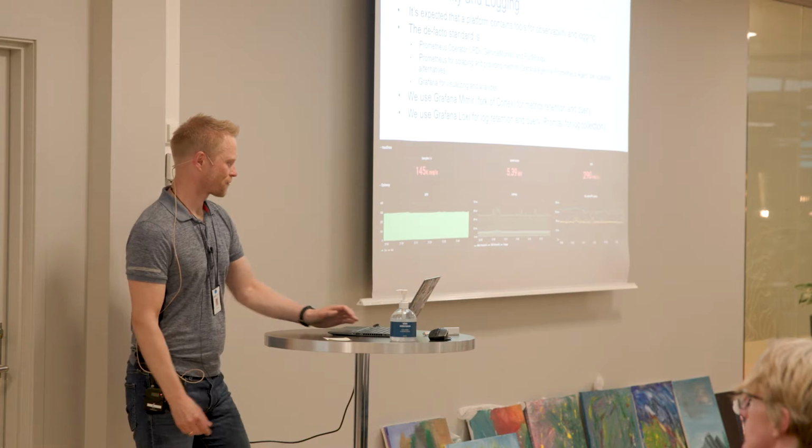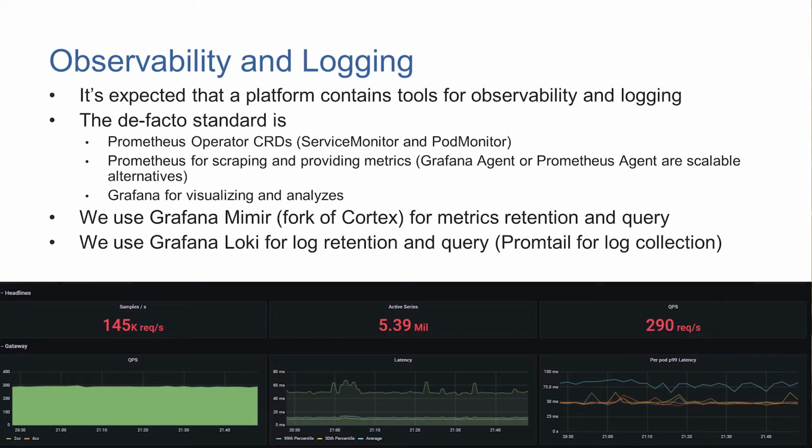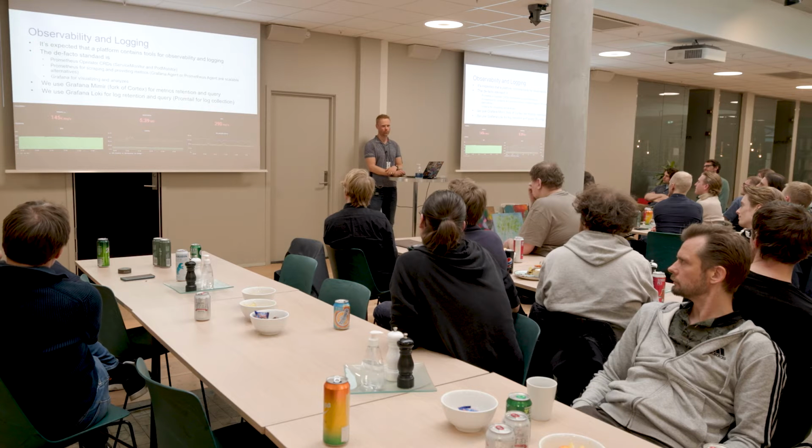So, yeah, and of course, we need observability and logging. Running the first year without any metrics at all gave us some insight that we need to do better than that. So the de facto standard today is based on the Prometheus operator. I would imagine many people out there running Kubernetes or any workloads on Kubernetes have seen Prometheus or Prometheus metrics.